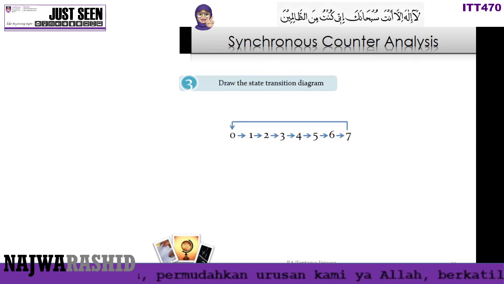So this is your final transition diagram. Okay, 0 to 1, 1 to 2, 2 to 3, 3 to 4, 4 to 5, 5 to 6, 6 to 7, and then after that 7 goes back to 0. So this is your final state transition diagram for the given synchronous counter.